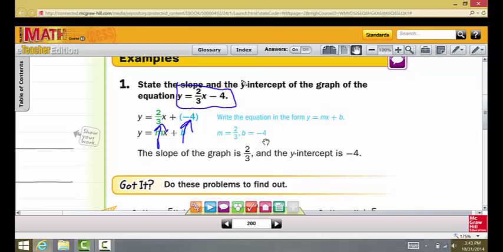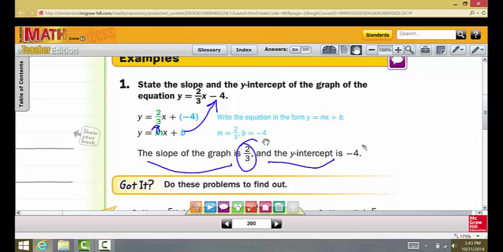Now remember that although our original equation said y equals 2/3 x minus 4, we can make that look like y equals 2/3 x plus a negative 4. So understand that when you take a look at this, your b is negative 4 and your m is 2/3. And that's what we end up with down here. The slope of the graph is 2/3 and the y-intercept is negative 4.